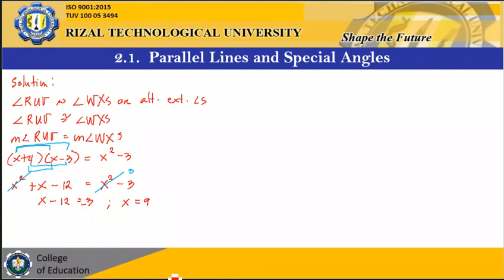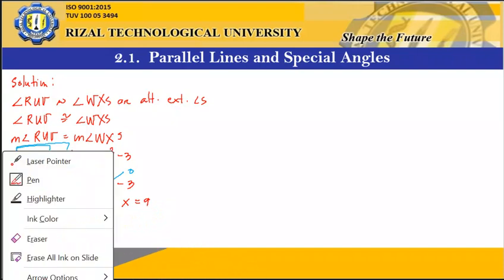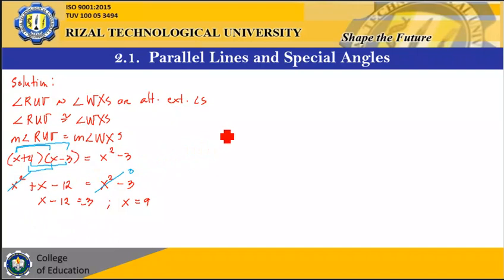Okay. Now, let's substitute. Determine whether the value of x will give us the correct measure for each angle. So we know that the measure of angle RUV is equal to x plus 4 times x minus 3.